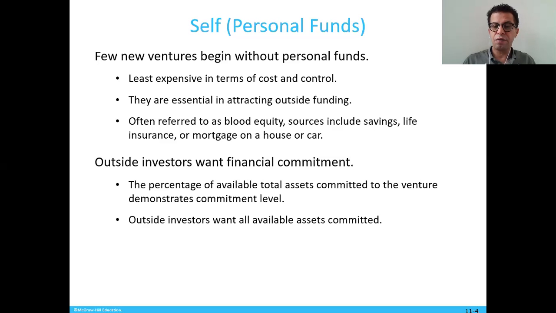The outside investors want a financial commitment. As we said, the percentage of total available assets committed to the venture demonstrates the level of commitment. Now, as an investor, if you are an entrepreneur and you come in and say, I need $1 million to do my business, one of the first things I'm going to see is how much salary you put in for yourself.